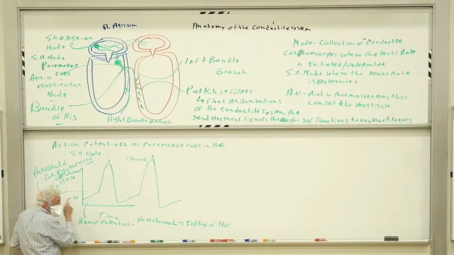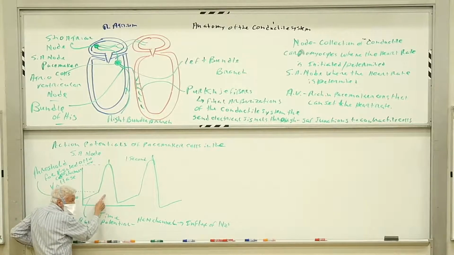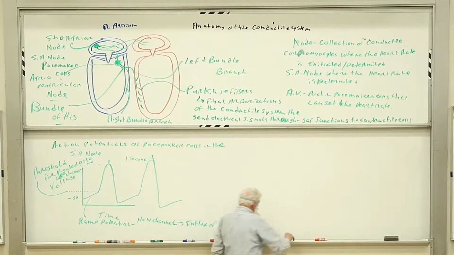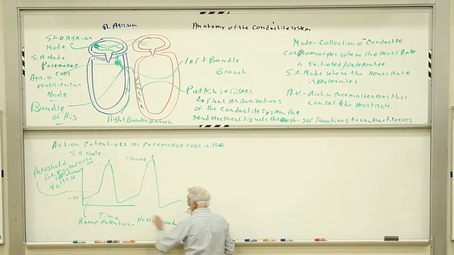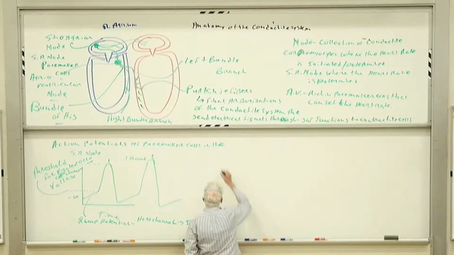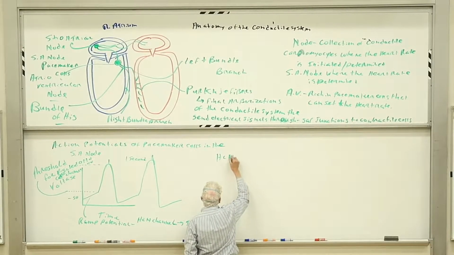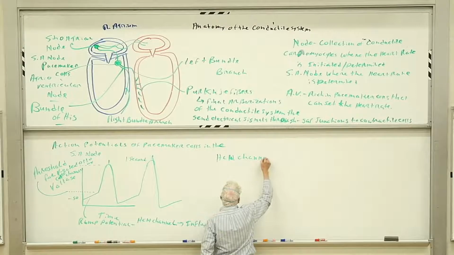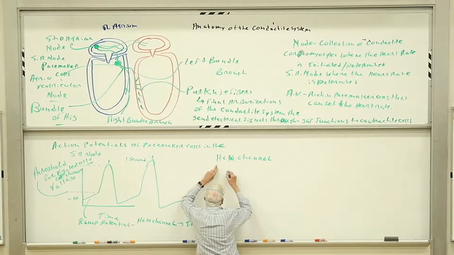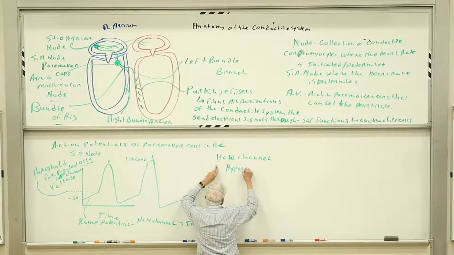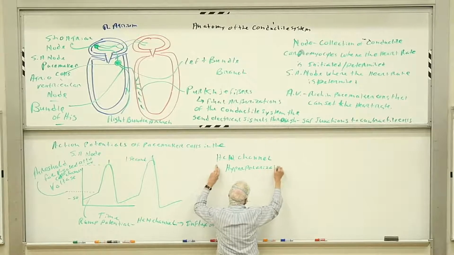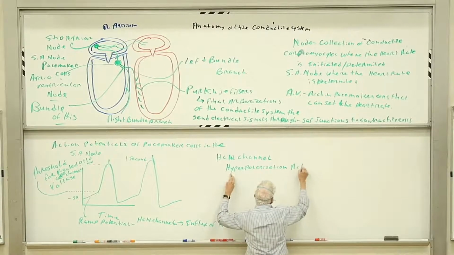So what I want to look at is who these channels are. This channel here is the HCN channel. The HCN channel, which provides the depolarization that generates the ramp potential, is unusual. The peculiarity of this channel is in the name. It's said to be hyperpolarization activated.